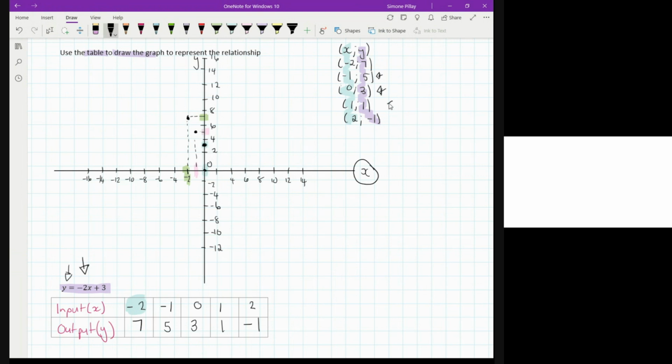And now we're going to follow the same thing for my other points. I'm going to do those ones a little bit faster. It's going to be +1 and +1, which is going to give me a point somewhere right about here.